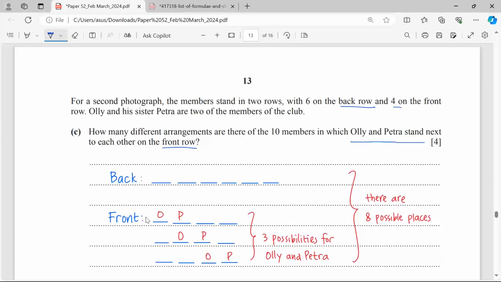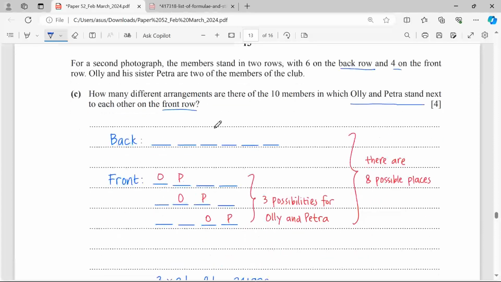So if you pay attention to the front row, there are actually 3 possibilities for Oli and Petra. Okay, and then we have placed Oli and Petra. So that means we have the remaining 8 possible places, and these 8 possible places are for the other members.